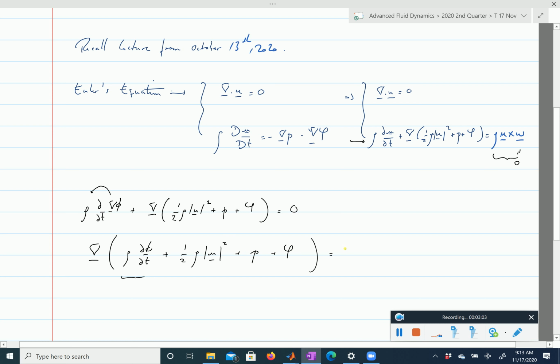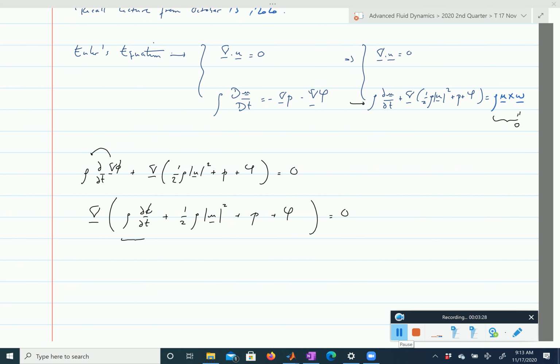And this here is equal to 0. Note that this is a scalar field, and if the gradient of the scalar field is equal to 0 everywhere, and this is true everywhere because omega is equal to 0 everywhere, that means that this scalar field is a constant.